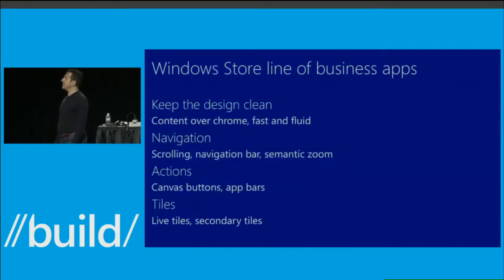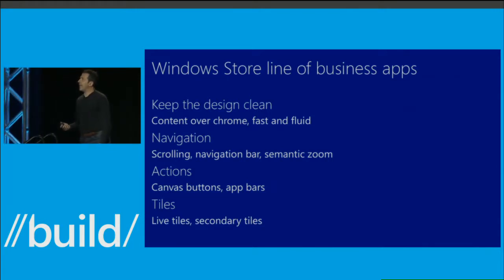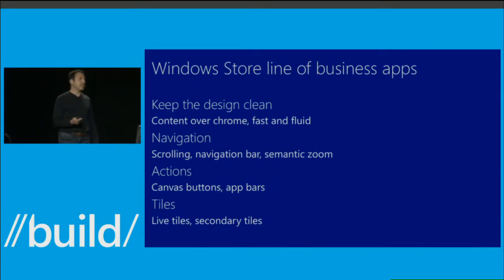So as we're building line of business apps, what are some of the things we want to keep in mind? We want to ask ourselves, how do we keep the design clean? This goes by a number of names, content over Chrome, fast and fluid, but we need to keep asking ourselves, how do we do that? How do we provide for navigation in a world where we don't have menus, we don't have toolbars? What do we do with actions? You're still going to have the same number of actions.